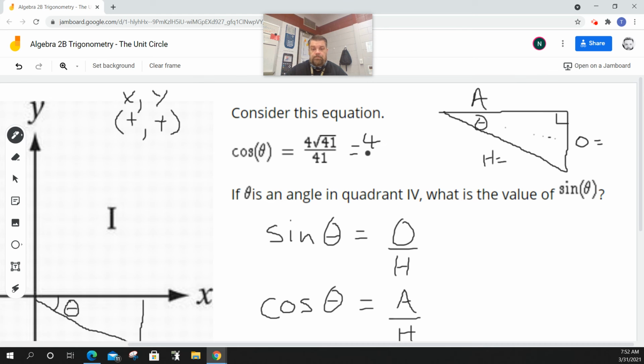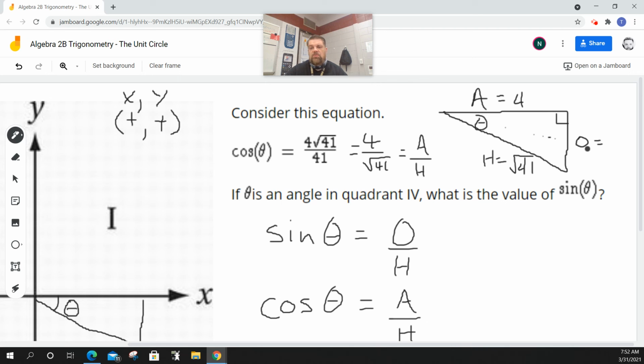Originally, it was 4 over the square root of 41, and then you multiplied by the square root of 41 on the bottom and the square root of 41 on the top. So what does that tell me? Well, remember that cosine is the adjacent over the hypotenuse. In other words, the square root of 41 is the hypotenuse, and the adjacent is equal to 4.